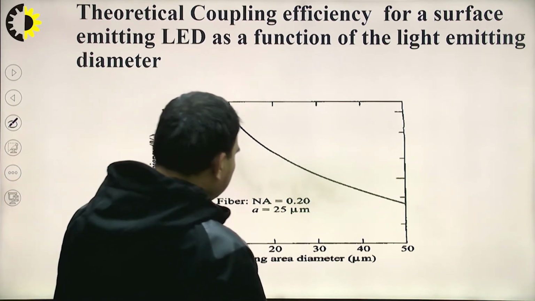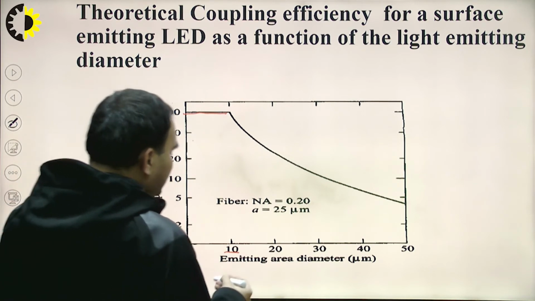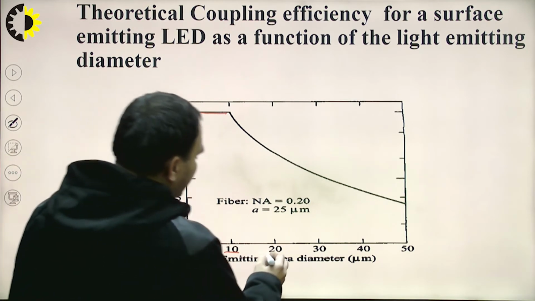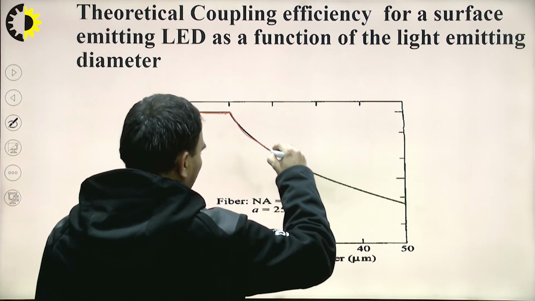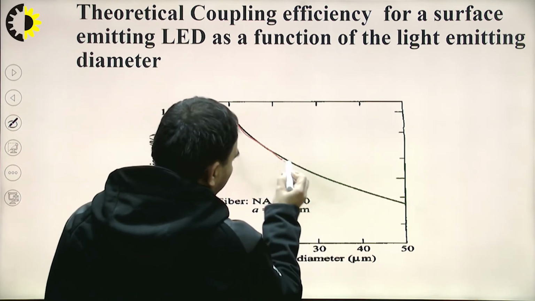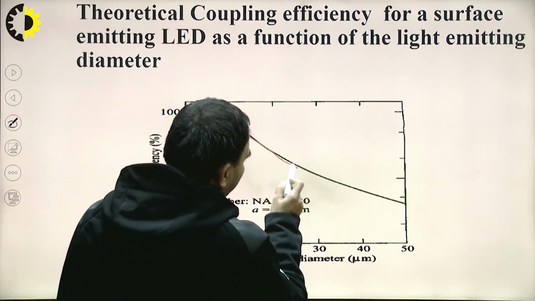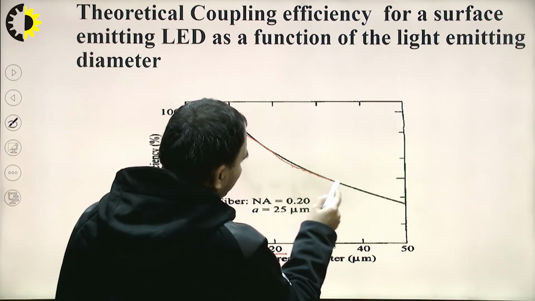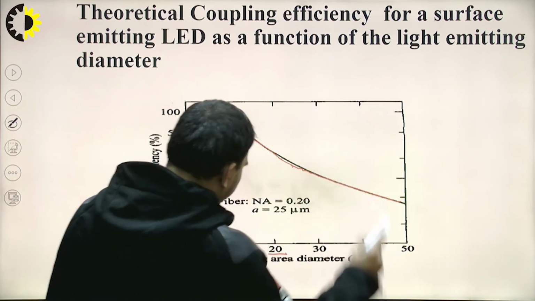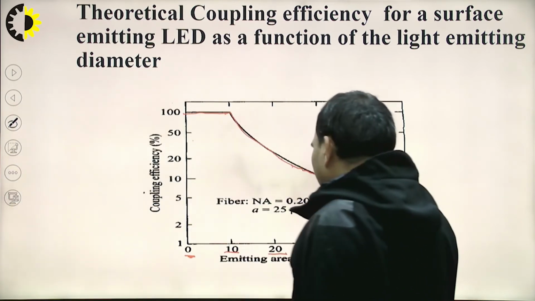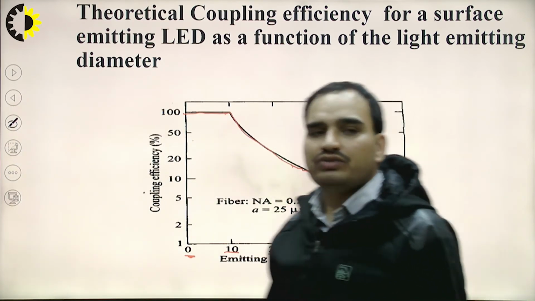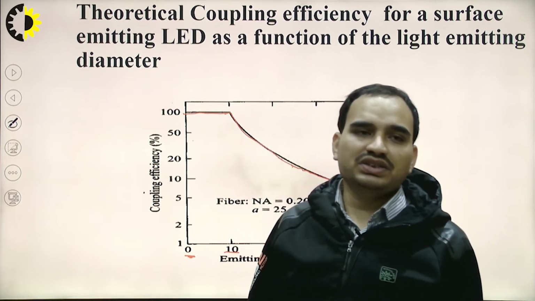If the emitting area is increased further, the coupling efficiency decreases. So after a 10 micrometer increase in the diameter, the coupling efficiency is degrading. This graph is for a fiber with a numerical aperture of 0.2 and a core diameter of 25 micrometers.